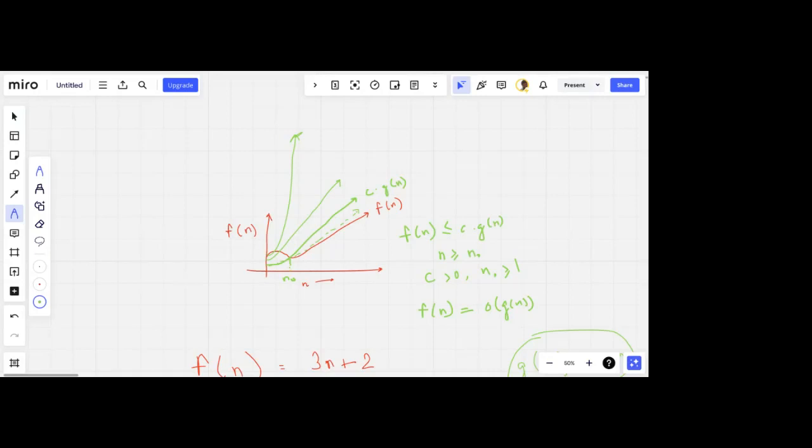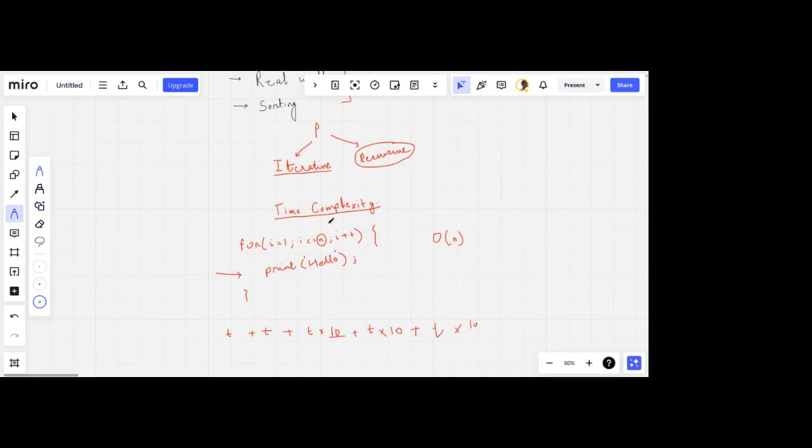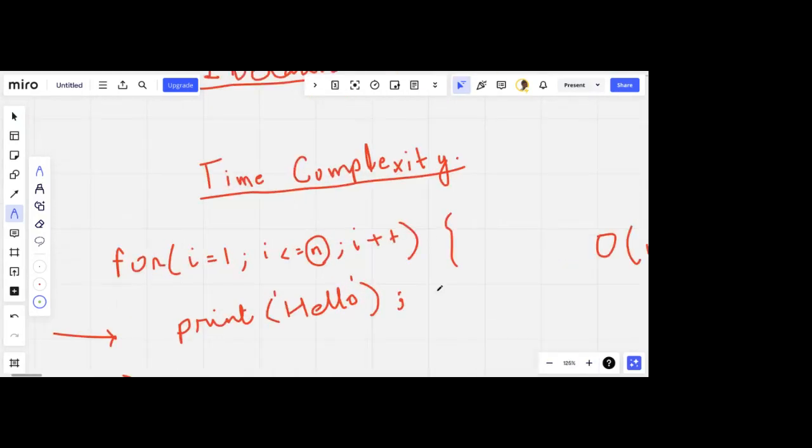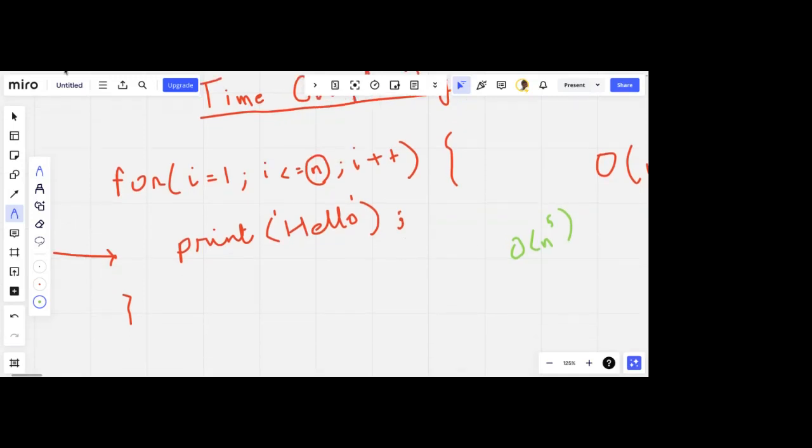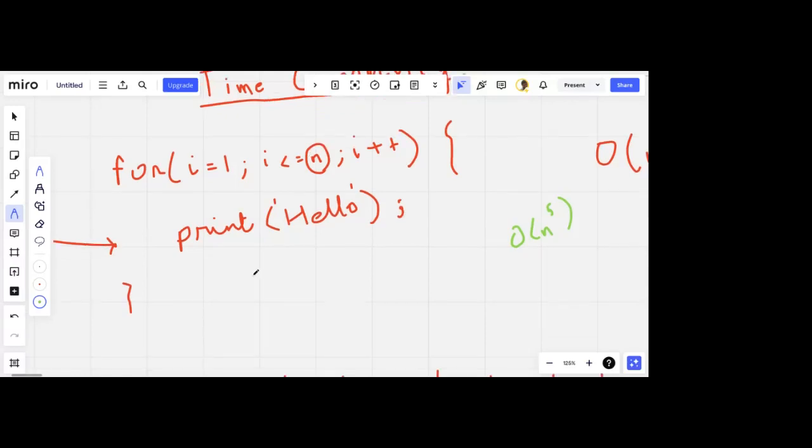Just see this, right? For this particular function that I created here, can I say that the time complexity is big O of n to the power 5? Can I say this? Yes or no? Just think in the chat. Now, how did you get n to the power 5? Basically, how many times will this statement be printed? It will be printed n times, right?